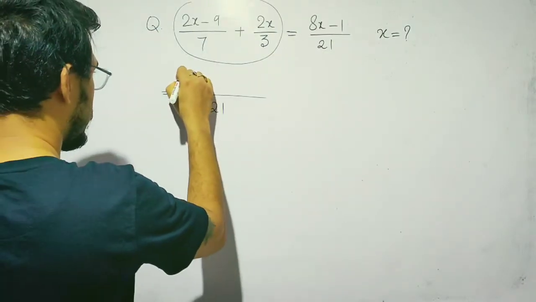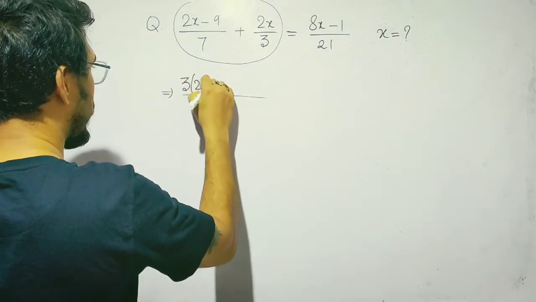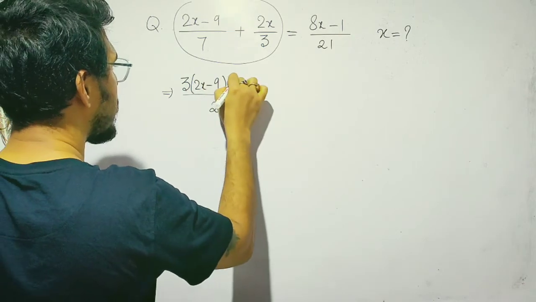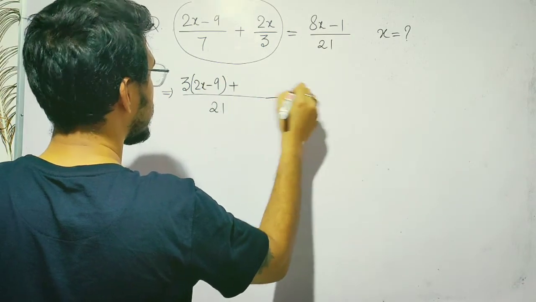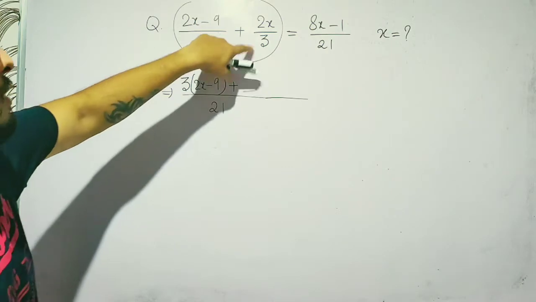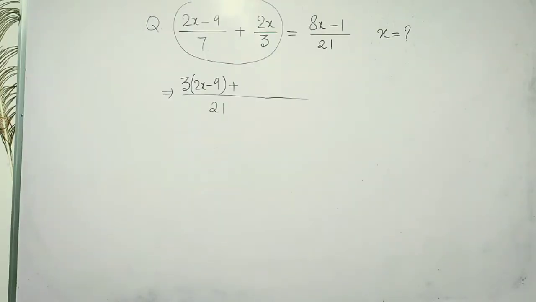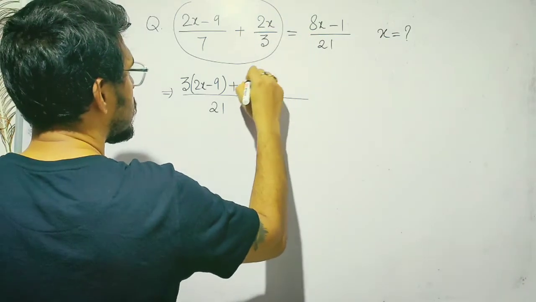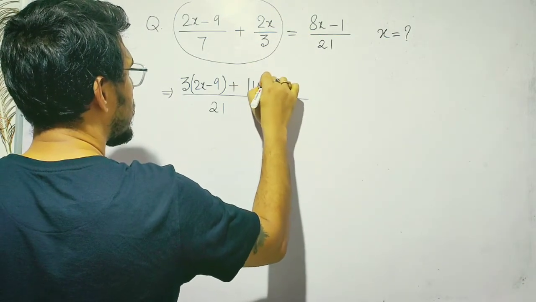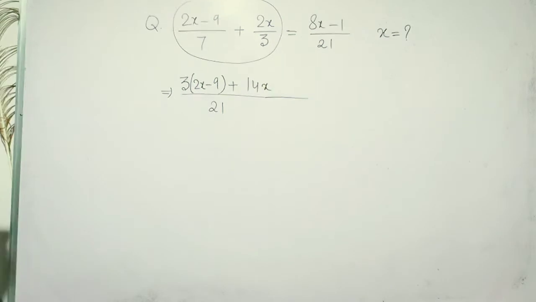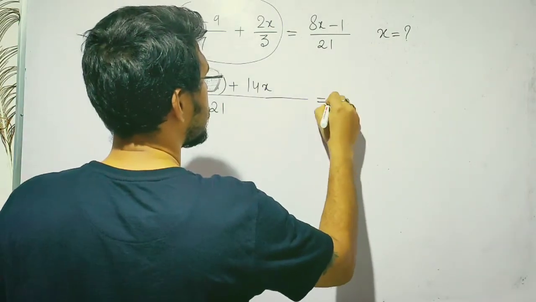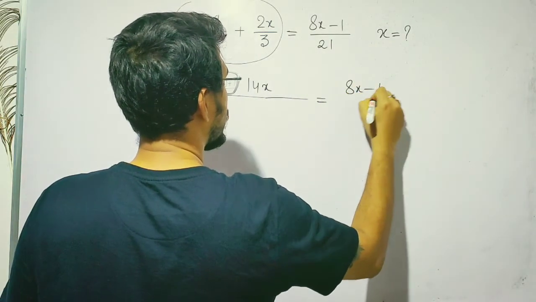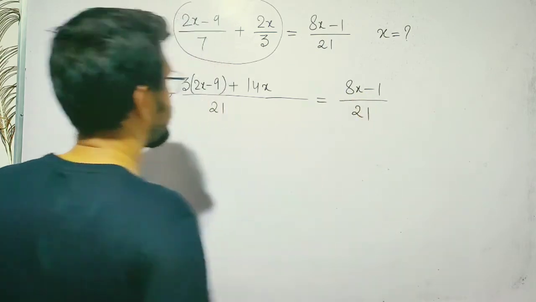So it will be 3 times of 2x minus 9 plus 21 divided by 3. That should be 7. 7 multiplied by 2x. So it should be 14x. On the other side, 8x minus 1 over 21.